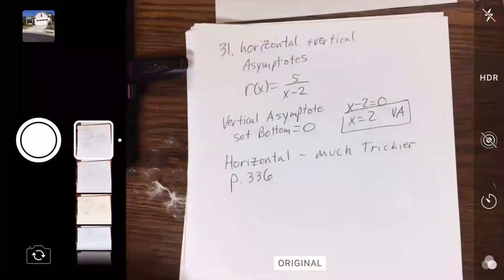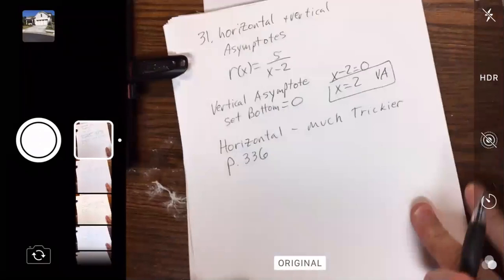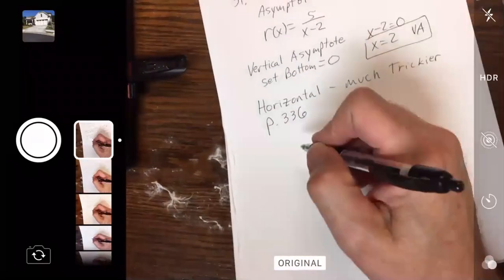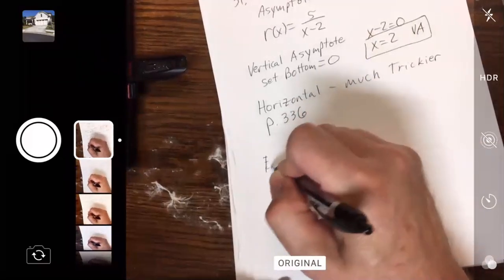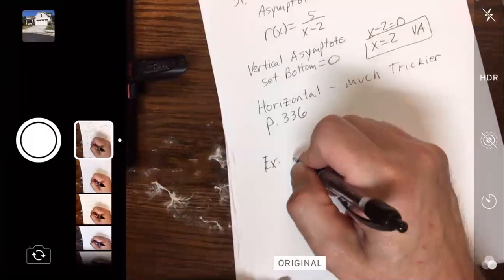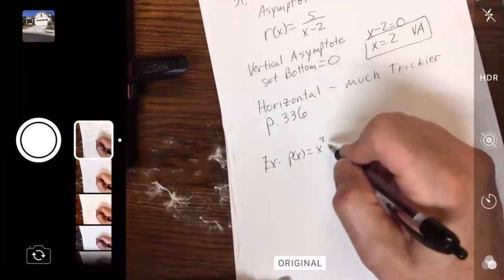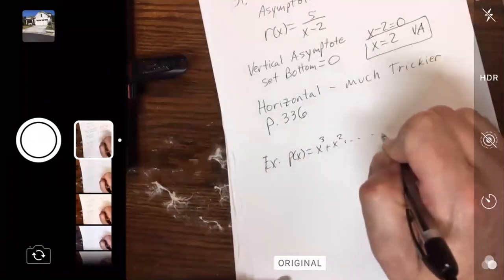So let me just write in, let's say I've got, just for an example, a polynomial with an x cubed plus an x squared. It doesn't matter what the other terms are.